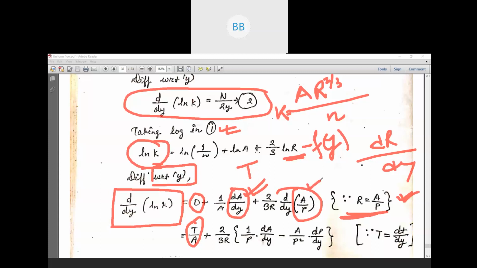Again, in a similar way, we can differentiate A by P, that is the u by v formula, that we have already discussed. Or you can also use u into v. So you can write down this expression.